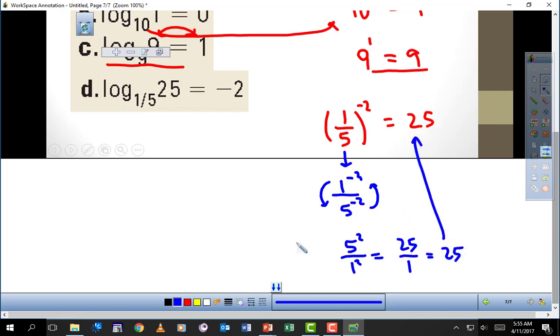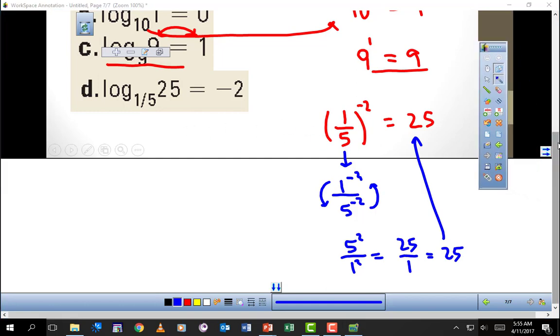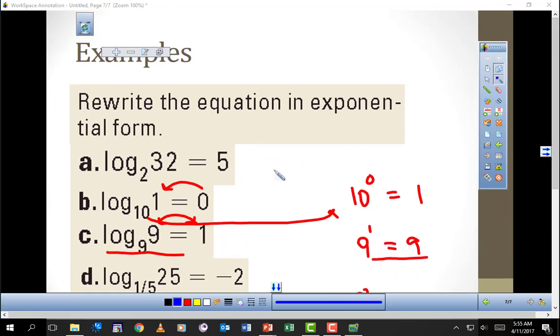And so, yeah, that's true. So anyhow, in this first basic lesson, we're just learning to go from exponential form to logarithmic form, and eventually we'll go back and forth. And so I want to stop right here, and we'll start part 2 tomorrow. Okay.